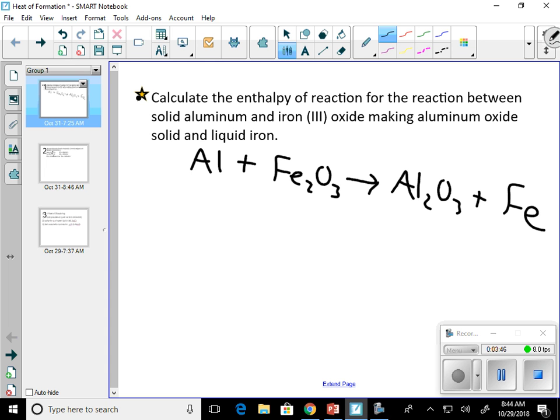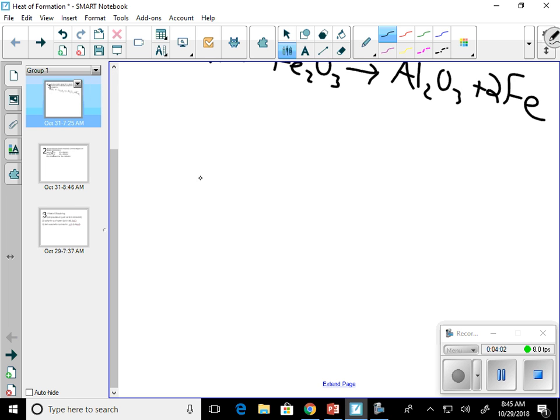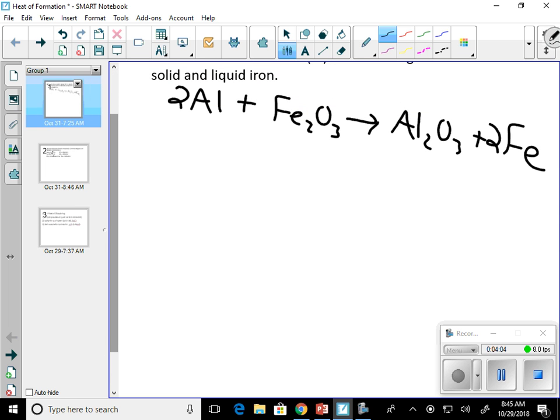I then need to balance my equation. So 2 aluminums, 2 irons. From there, it is products minus reactants.